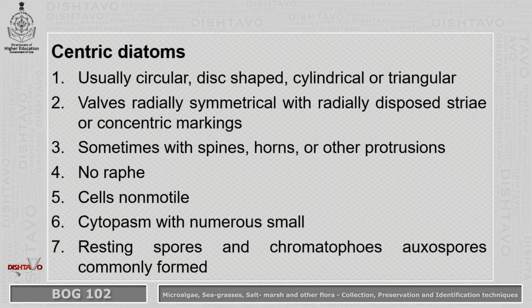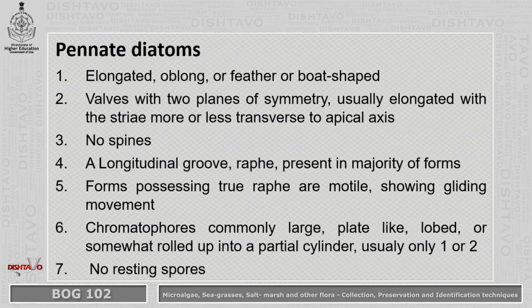Centric diatoms are usually circular, disc-shaped, cylindrical or triangular structures. Valves are radially symmetrical, and they are disposed in concentric markings. Sometimes they have spines, horns or protrusions. These cells are non-motile, and further details are here.